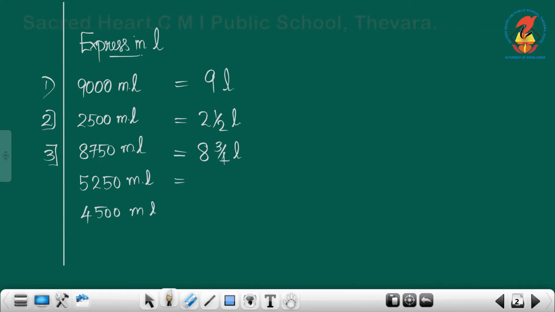Then we are moving to the fourth question, 5250 milliliter. So 5000 we can express as 5 liter, 250 milliliter, that is 1/4 liter. So the total is 5 1/4 liter.